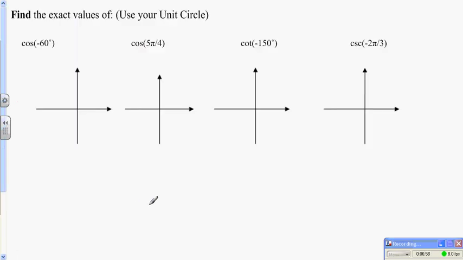Now you have a unit circle, and you can find these values on that. Negative 60 degrees would take you to here, and we look at our unit circle and decide what that value is.